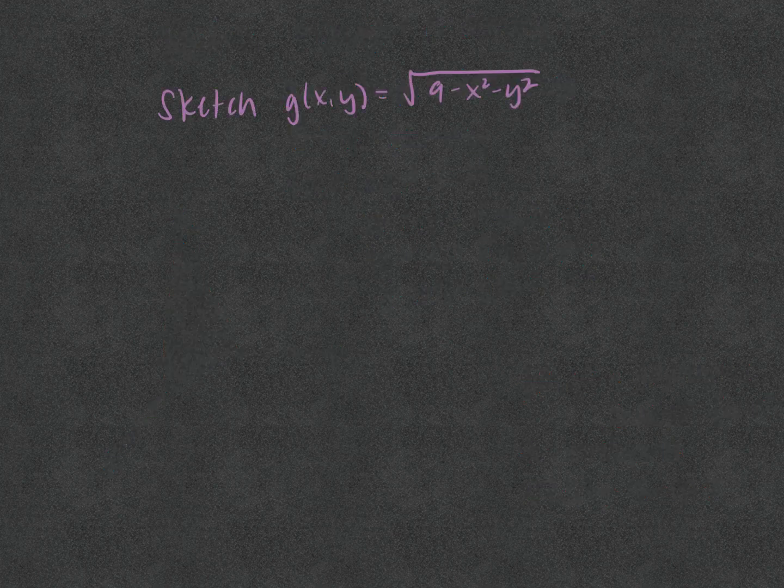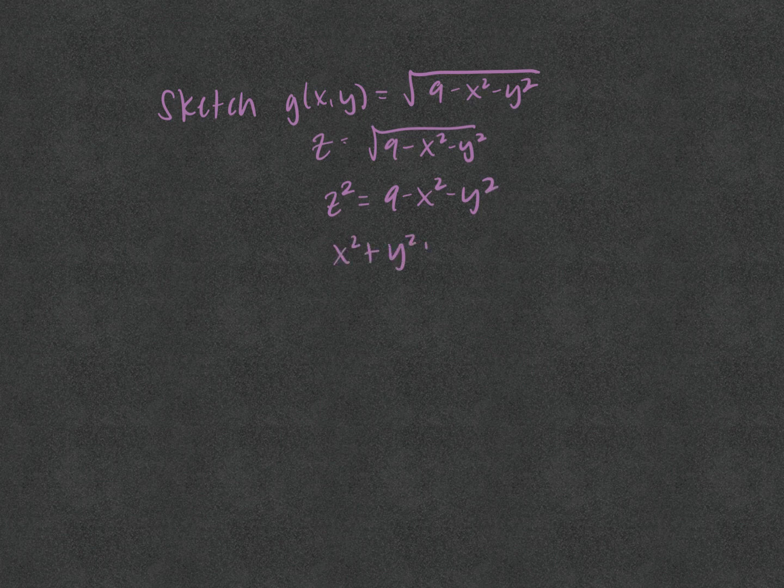In this example, we're going to sketch g of (x, y) equals the square root of 9 minus x squared minus y squared. So as before, we're going to let z equal this equation. Now, if we square both sides, we get z squared equals 9 minus x squared minus y squared. So we bring everything to the left side. x squared plus y squared plus z squared equals 9.